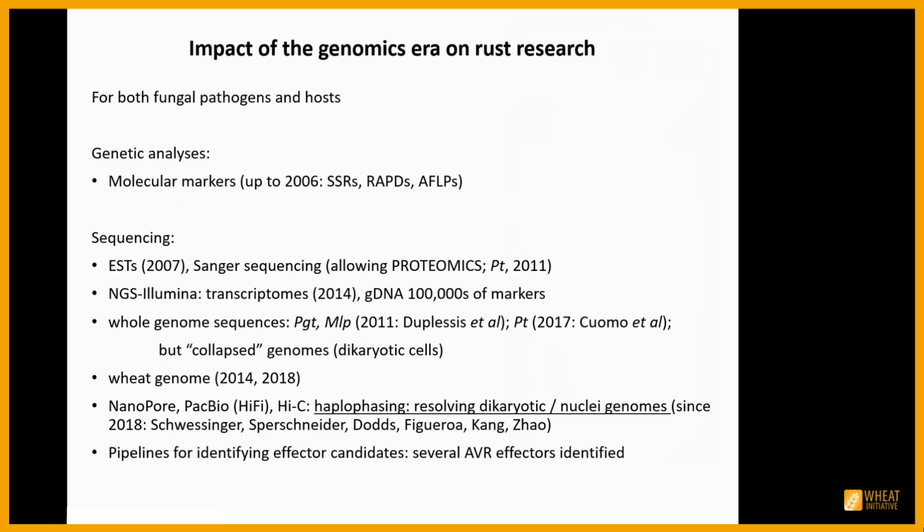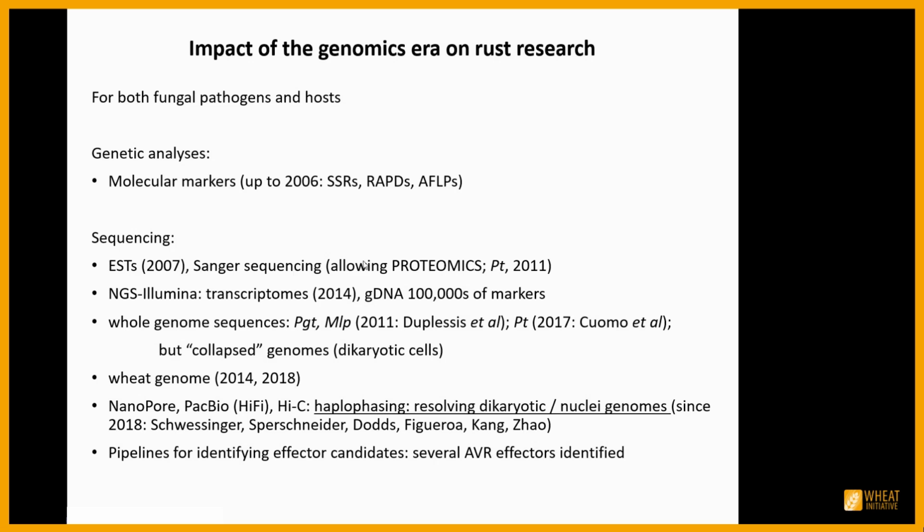More to the topic of this talk is the impact of genomics on rust research. It has been quite profound. As you know, the rusts are biotrophic pathogens, and you cannot grow them on plates or in culture. So when we started sequencing and getting information on gene content, that was really a game changer.